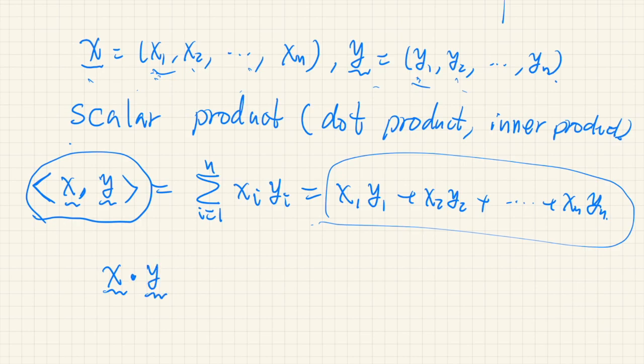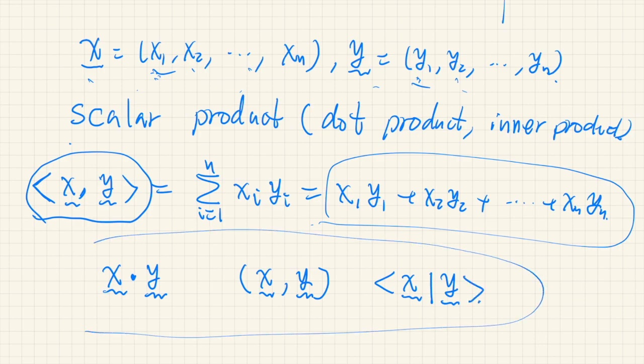Or some people might use round brackets or parentheses instead of angular brackets. Or yet some people, especially in physics, might want to use something like this: angular bracket x bar and y and angular bracket close.